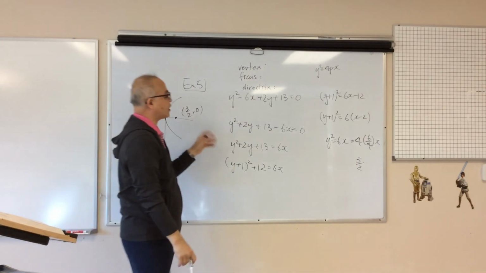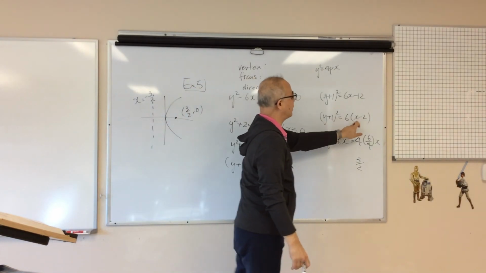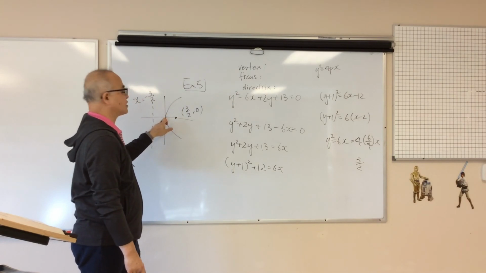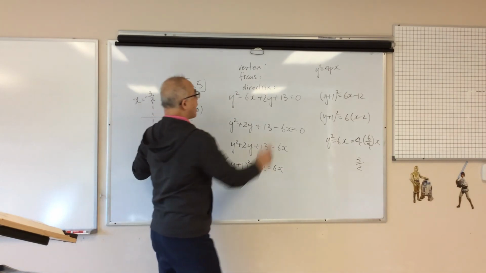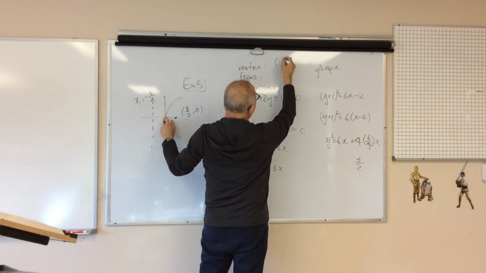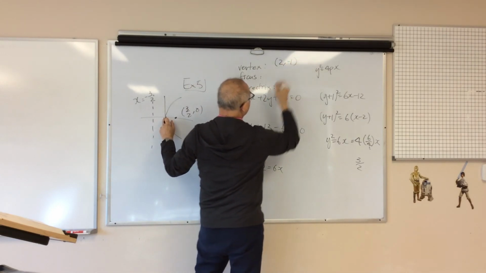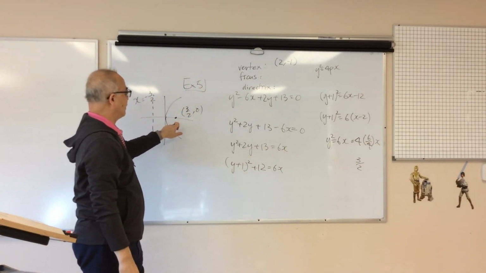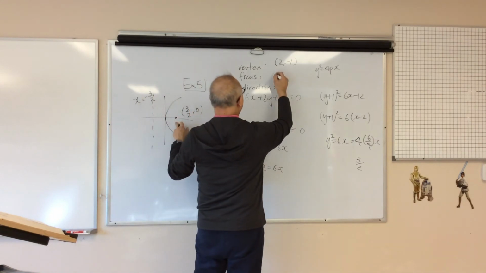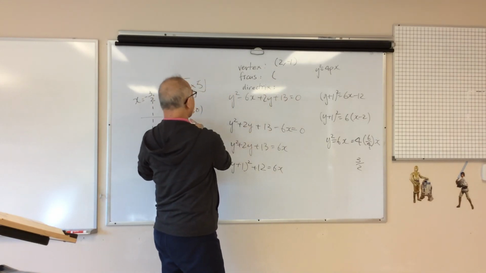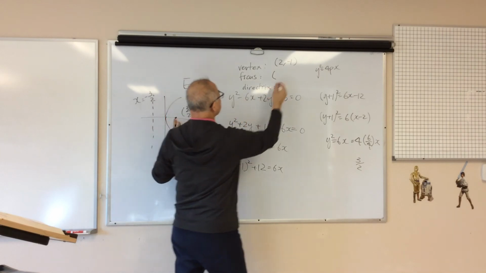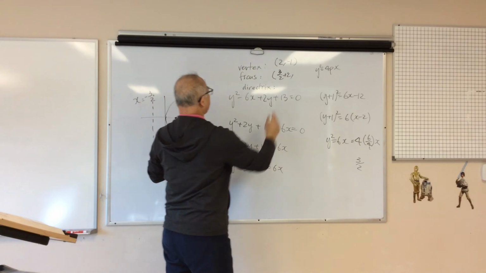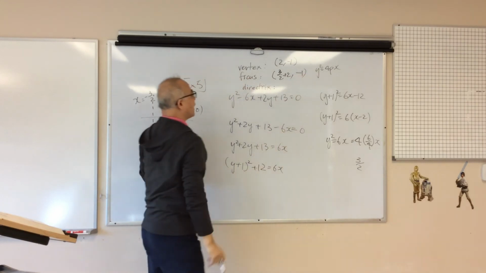Now I'm going to move everything to the right 2 and down 1. So the vertex that was 0, 0 now becomes 2, negative 1. The focus that used to be here, now I'm going to move this 2 to the right. So I'm going to add 2, and I'm going to subtract 1 for the y.